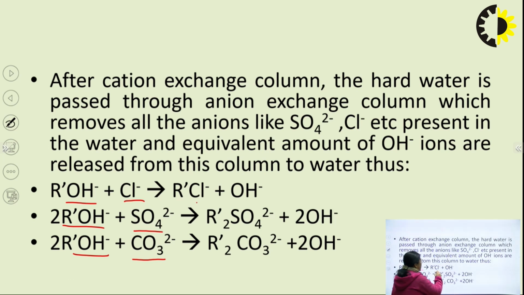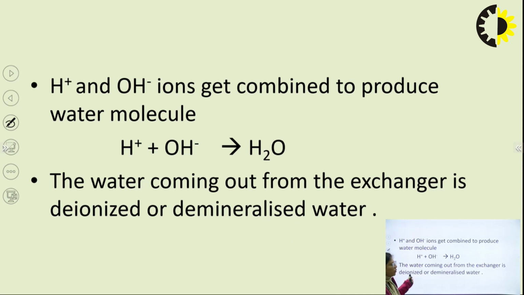So these chloride, sulfate and carbonate are getting incorporated into the anion exchanger, and an equivalent amount of hydroxide is moving out into the water. So ultimately, H+ and OH- ions combine to form water molecules. And the water coming out from this exchanger is deionized or demineralized water.